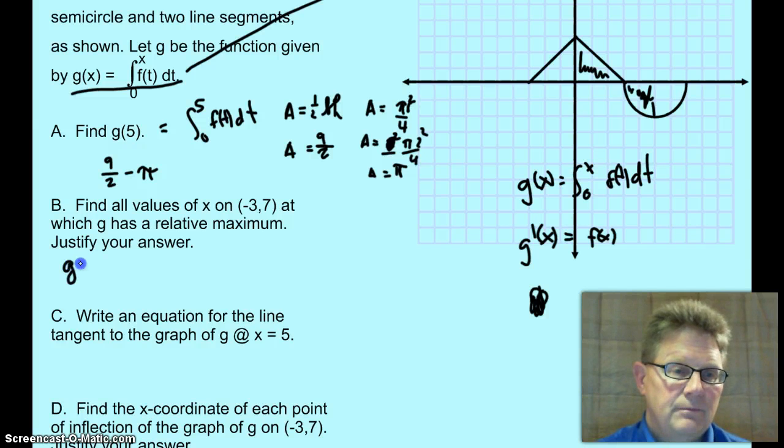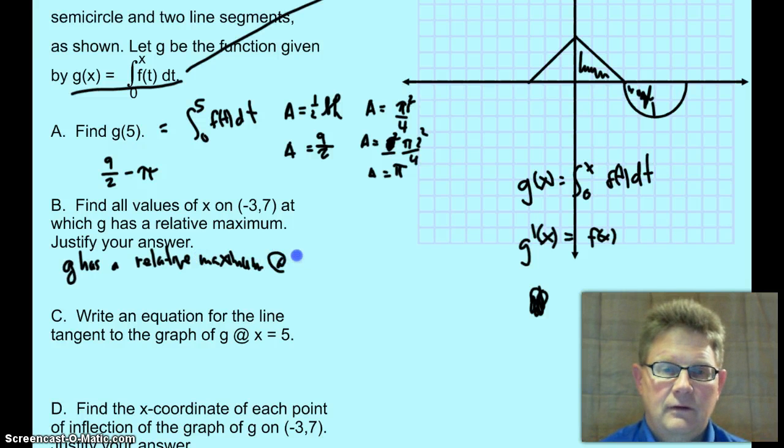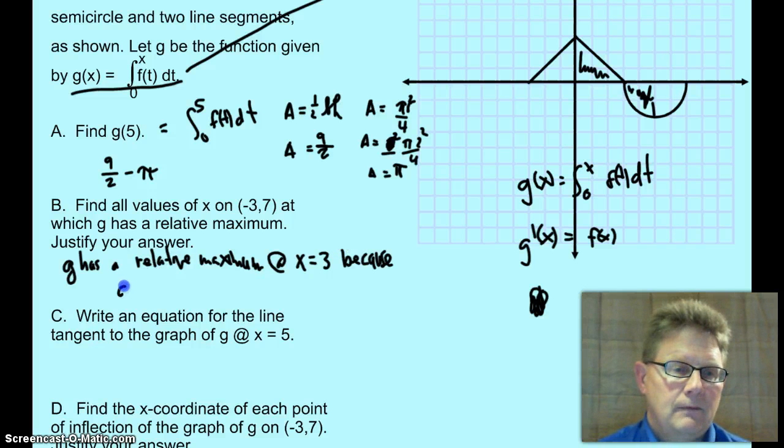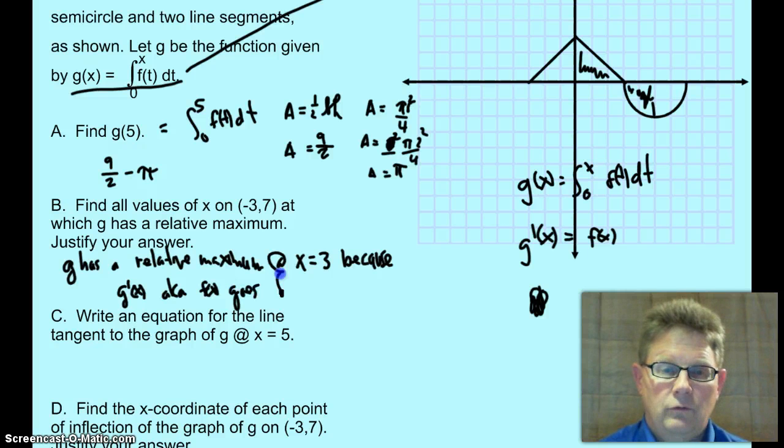Okay, g has a relative maximum at x equals 3 because g prime of x, also known as f of x, goes from positive to negative at this value.